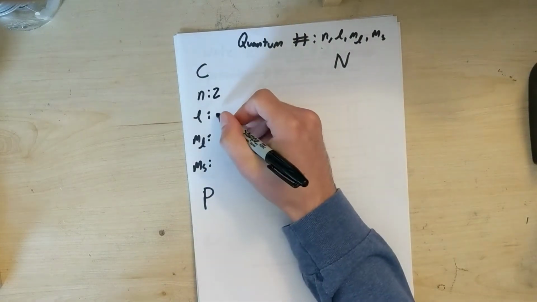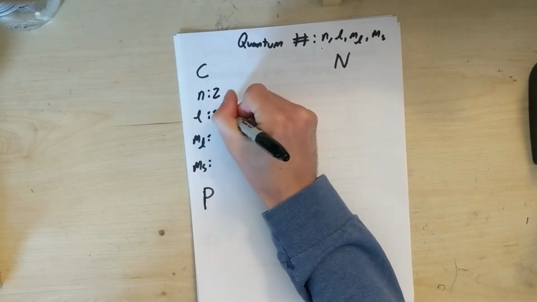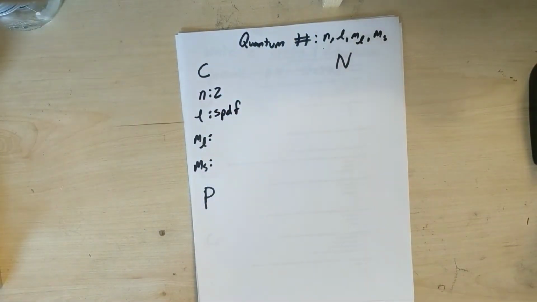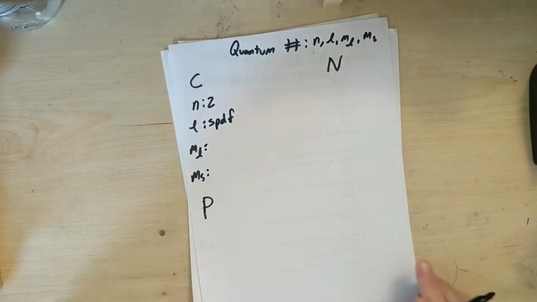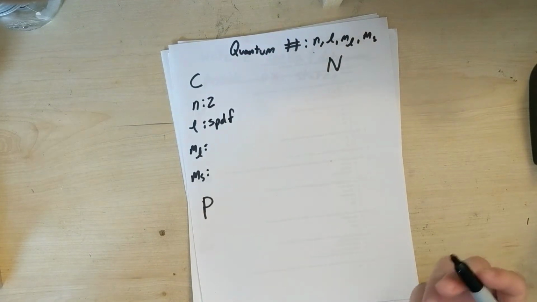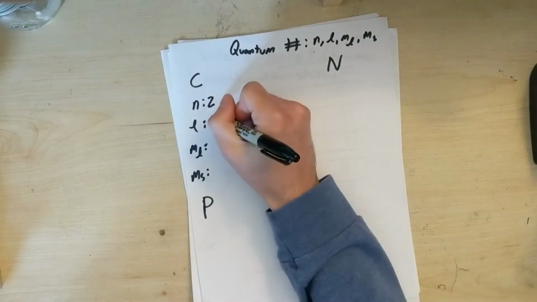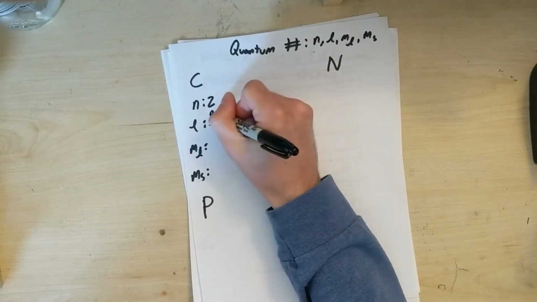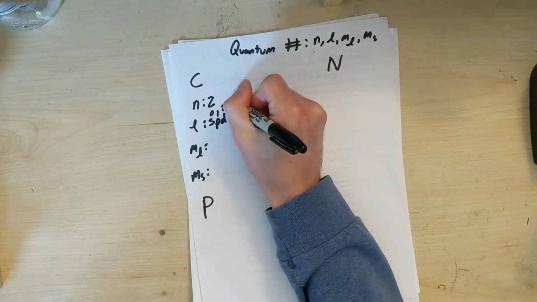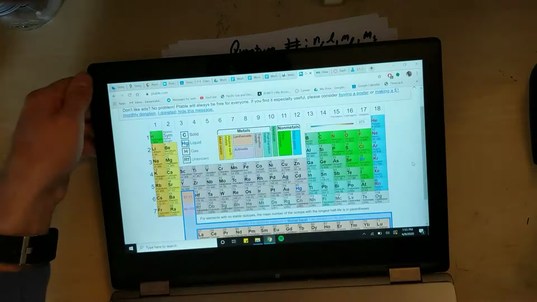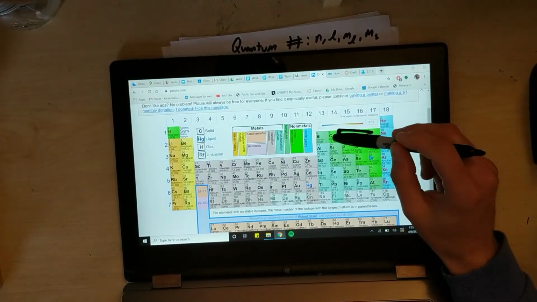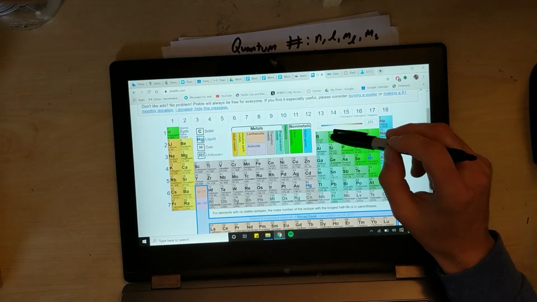Okay, L refers to whether it's an S, P, D, or F orbital, and they are increasing in energy in this direction. So the way we express that is we assign S as 0, P as 1, D as 2, and F as 3.